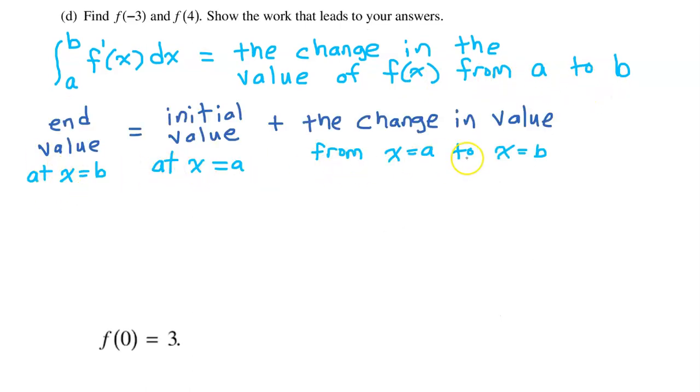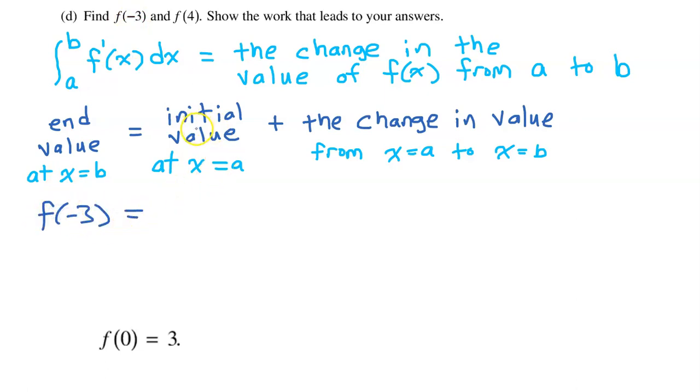Your common sense will tell you that the end value at x equals b will equal an initial value at x equals a plus the change in value between a and b. In this case, the end value will be the value that we are looking for, so f at -3.